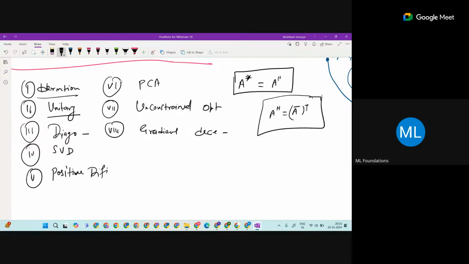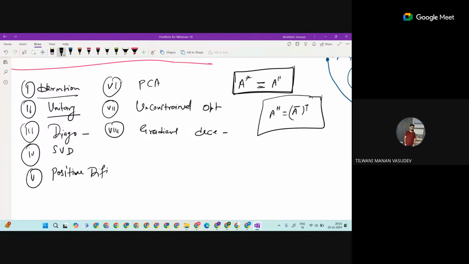A star will be the conjugate transpose, right? Both are the same, that is what I'm saying. If it is written A star or A H, you can think of it as the same.